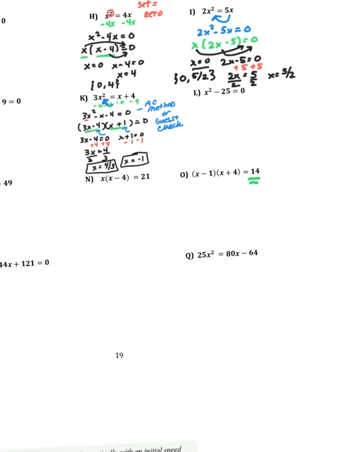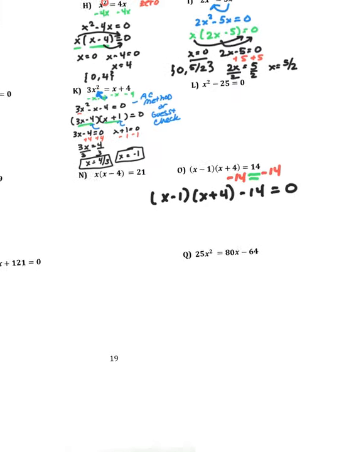So I know that that is going to change. So if I subtract 14 from both sides, what do I have now? Let's see, x minus 1 times x plus 4 minus that 14 is going to equal 0, right?